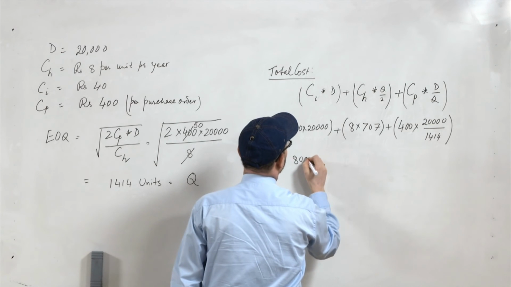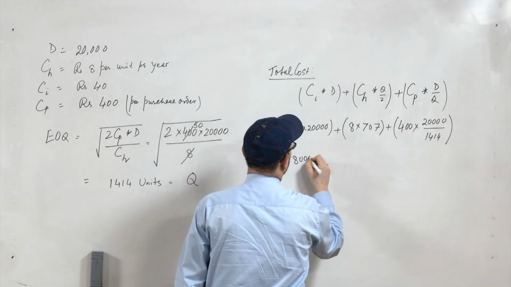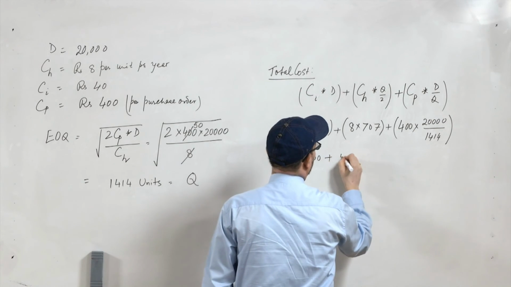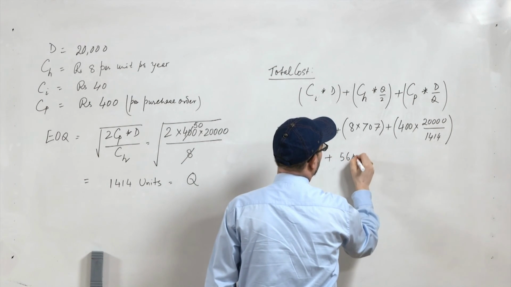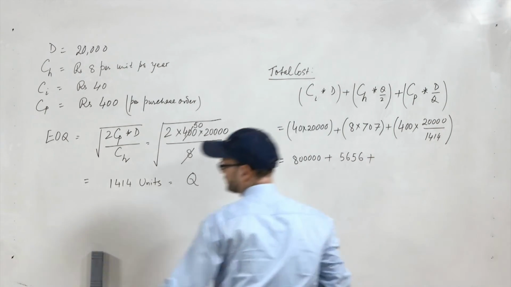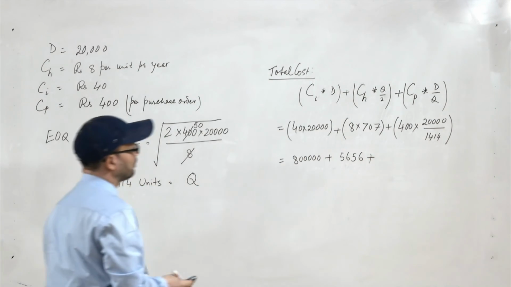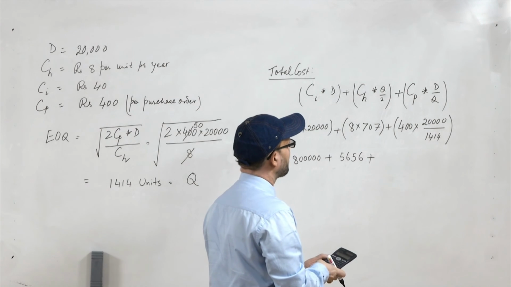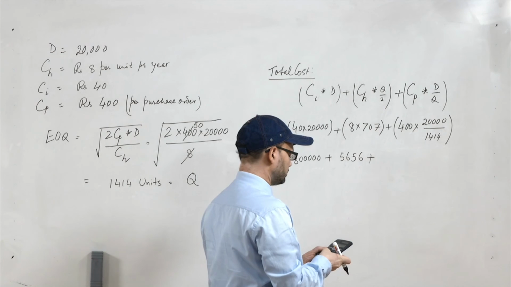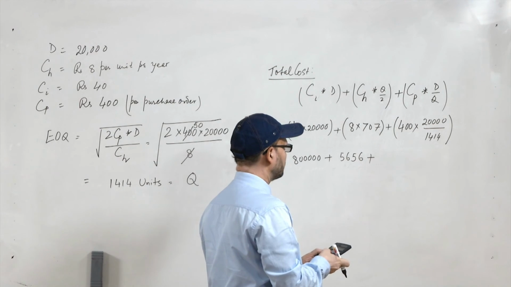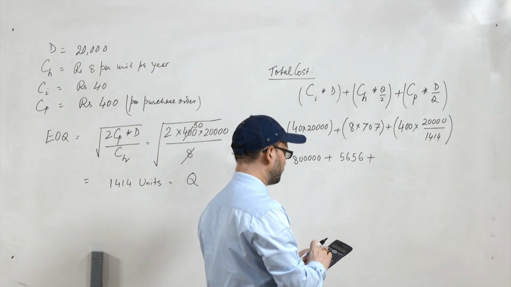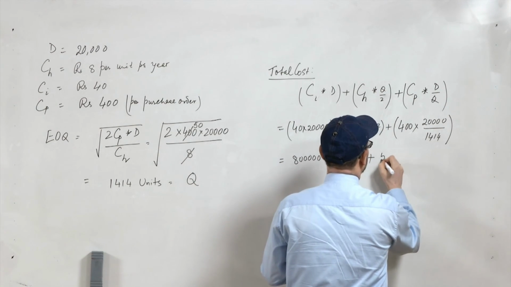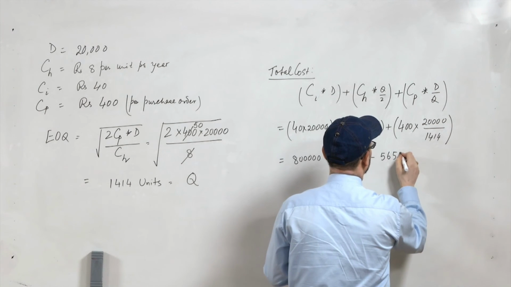It will be 800,000 plus 5656 plus 800,000 divided by 1414, that is 5657.7, or 5658.